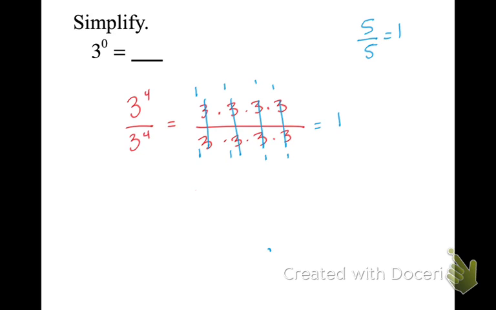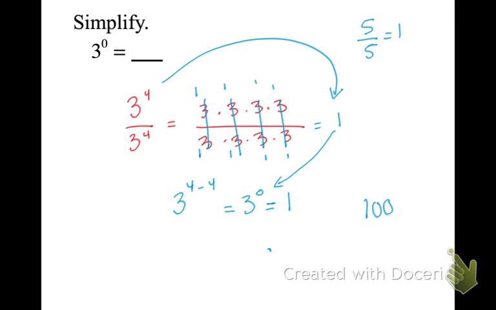So let's use our shortcut method. 3 to the 4th power minus the 4th power equals 3 to the 0. And didn't we already say that this equals this? So this is equal to this. Anything that's to the 0 power, 100 to the 0 power, will equal 1.